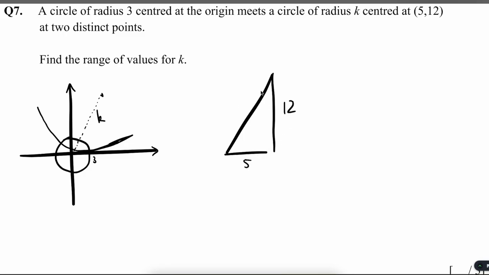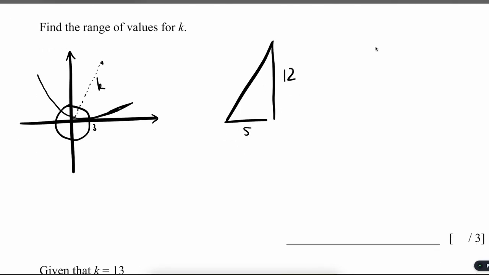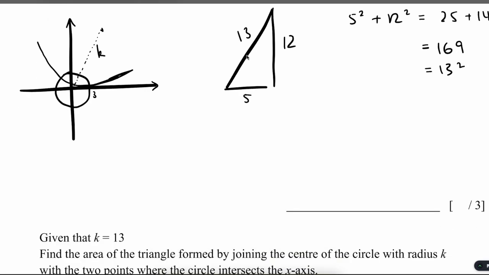To find the hypotenuse, we use Pythagoras' theorem. 5 squared plus 12 squared equals 25 plus 144, which equals 169, which equals 13 squared. So this length along here is going to be 13. And then this is going to be 3 because the radius here is 3. And this is going to be 3.